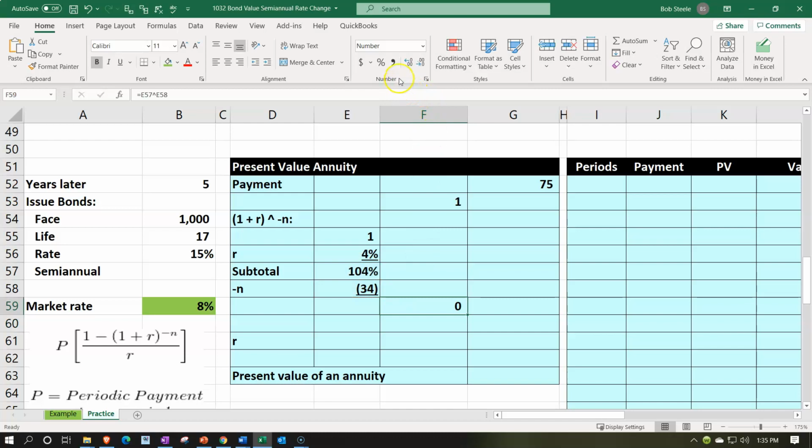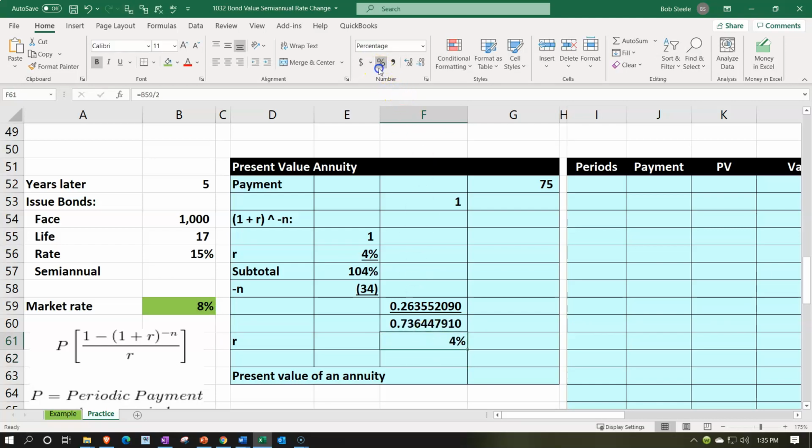Adding decimals, numbers, it looks like nothing was there, but there really is when we add the decimals. And then font group, underline. Then we're going to do the subtraction, getting into the last component of the numerator, 1 minus that thing we just got. And then numbers, adding some decimals here to make it a little bit more interesting. And then we have the denominator, market rate again, 8% divided by 2 because we're talking 6-month time periods.